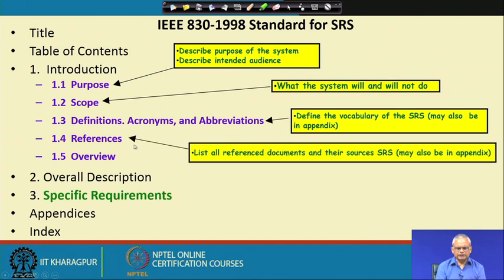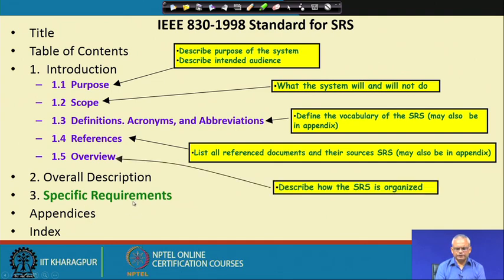Similarly, a set of documents that are referred to in the SRS document, these references can also be put under a separate appendix. And then an overview of the document or organization of the document, how the SRS is organized. And that is about the introduction.